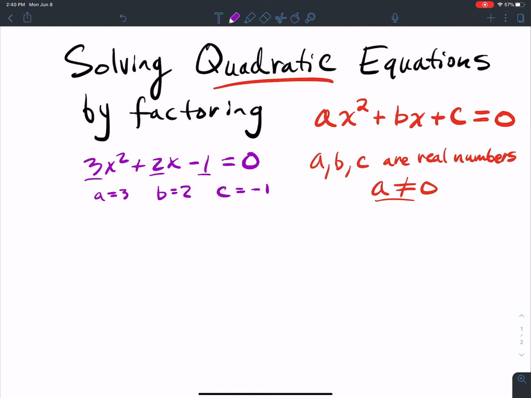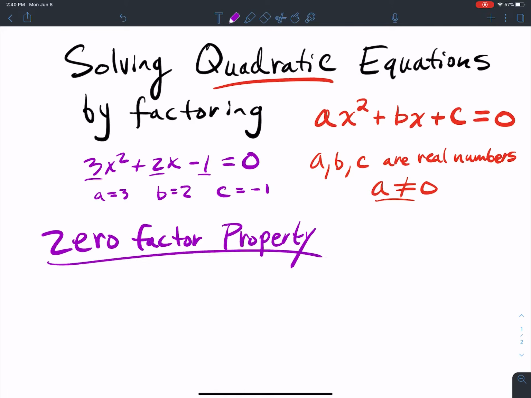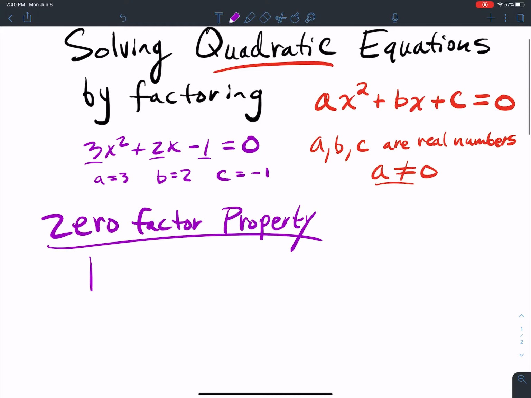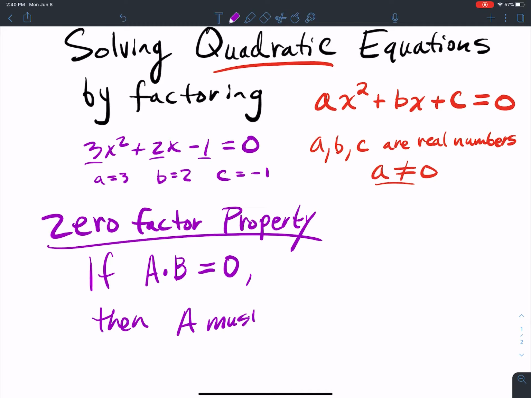Okay? So what I'm going to use to help me with factoring is the zero factor property. The zero factor property says this: if I have two numbers, a and b, multiplied together and the answer is 0, then that means a must be 0 or b must be 0.